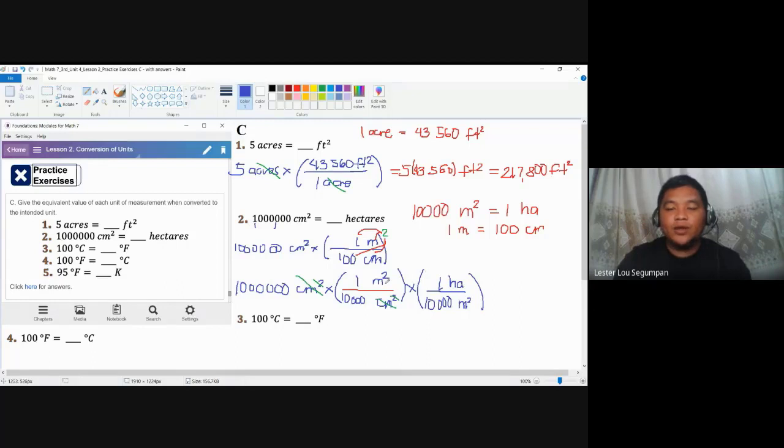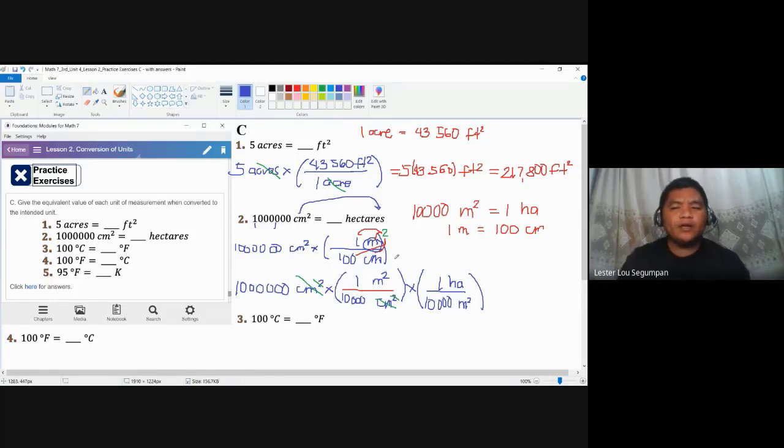Because if you're not going to square this conversion factor here, this will still be m. And we can also cancel out m by m squared because this has an exponent of 1 and this is an exponent of 2. Again, this is the unique concept for conversion of area, because if there is no direct relationship between the units for area, we may use the squaring of a conversion factor.